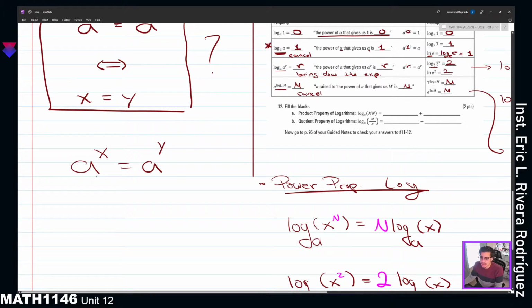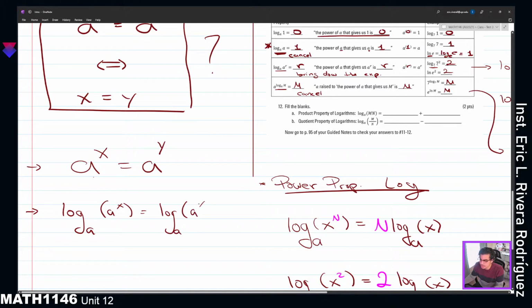So the inverse operation of the exponential operation is the logarithmic operation. So in order to cancel the base here and bring down the exponent, we can do the following. We can put log base a on both sides of the equation.